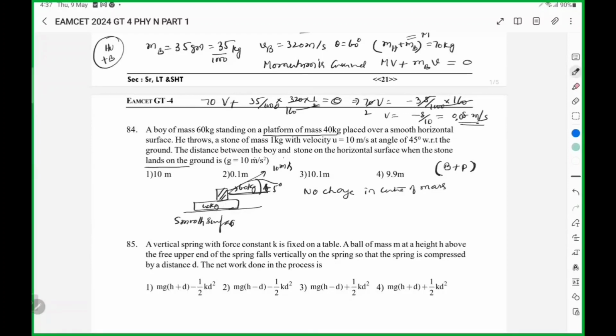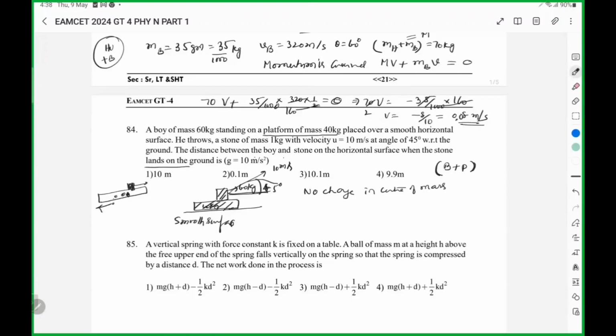Initially, suppose the boy is here on the platform. The center of mass will be that of platform plus boy, here. Once he throws the stone with some velocity, the center of mass would shift towards the right. To balance it, the platform moves towards the left.